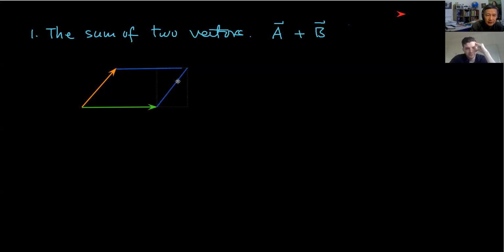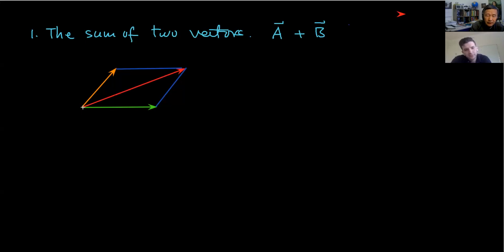Can you see? Yes. Then by connecting, the sum would be the diagonal from the common tail. That would be the sum. Perhaps using an arrow is better.